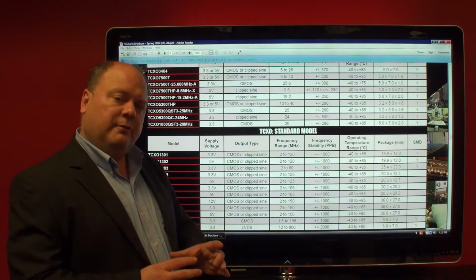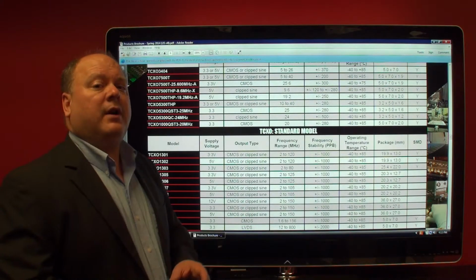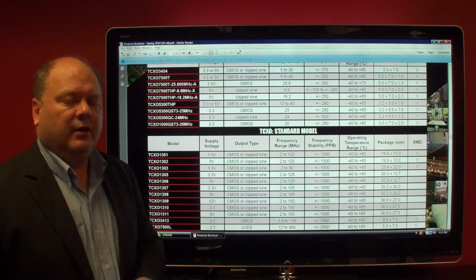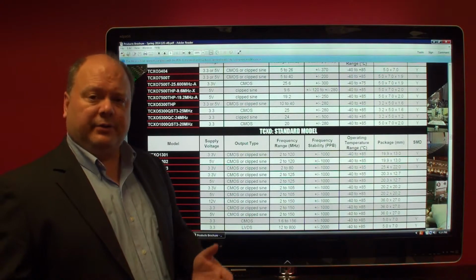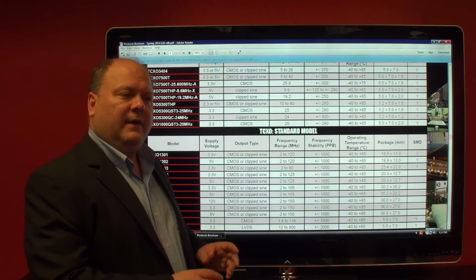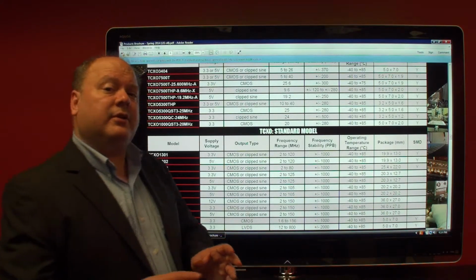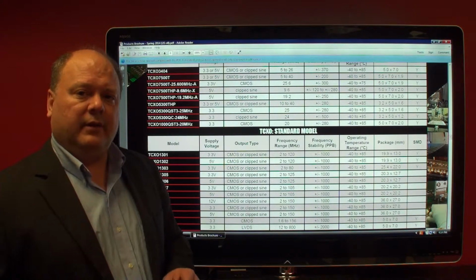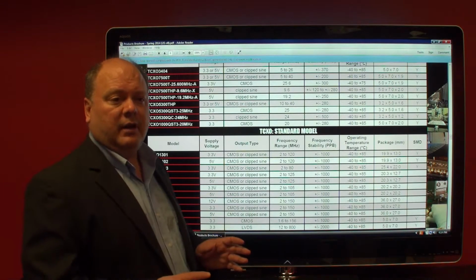So if we get a larger package and the customer wants a 50 ohm sine wave, again, we can do an integrated module design, have a conversion circuit inside the package that takes the clipped sine wave and then converts it to a 50 ohm sine wave, even if it's an oddball voltage.